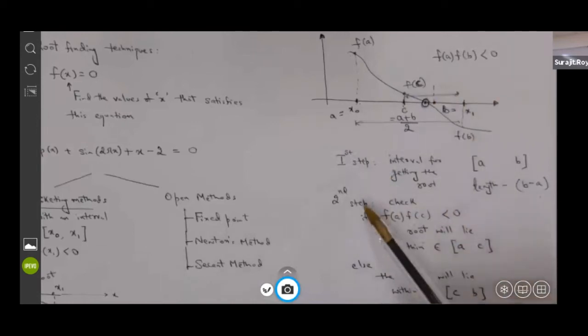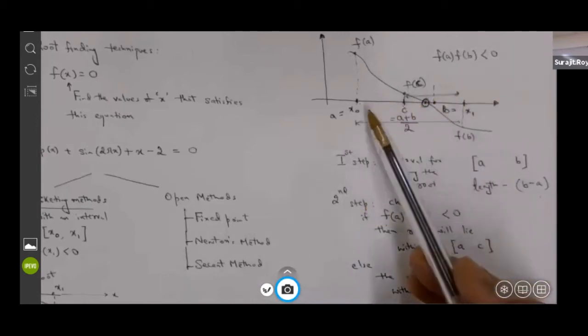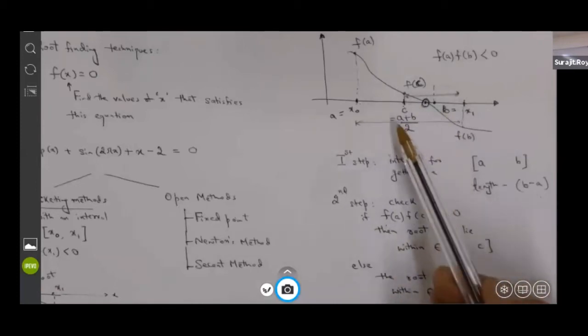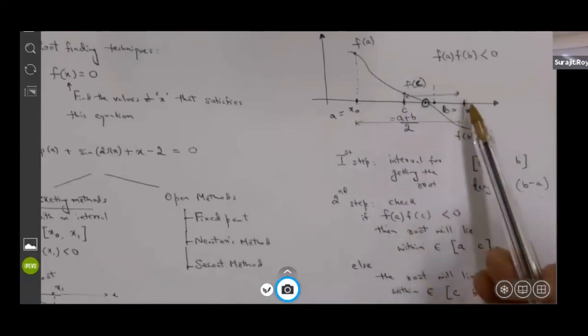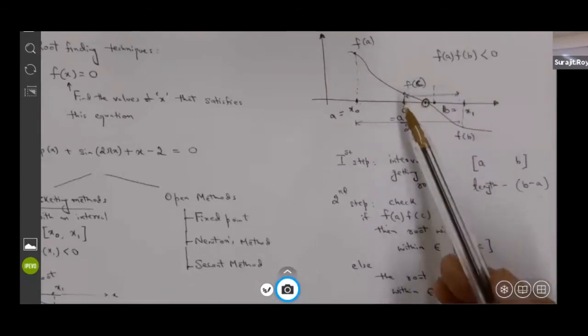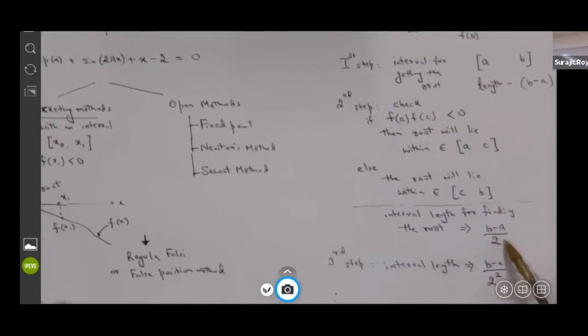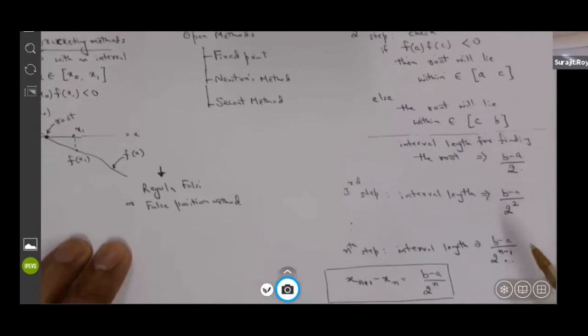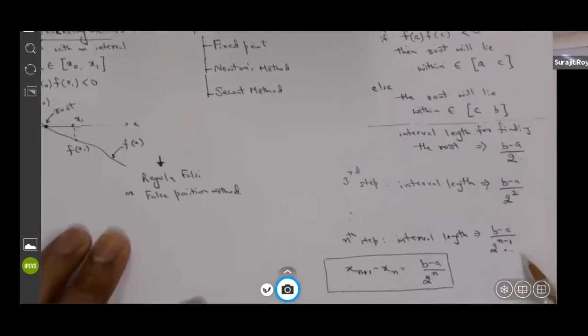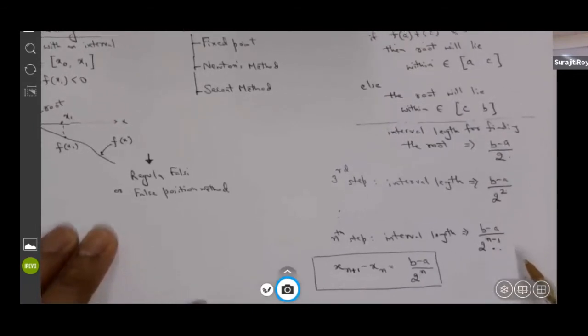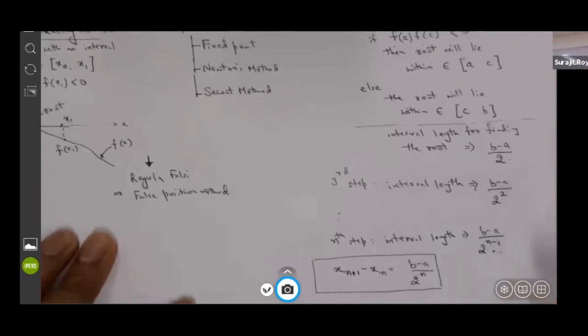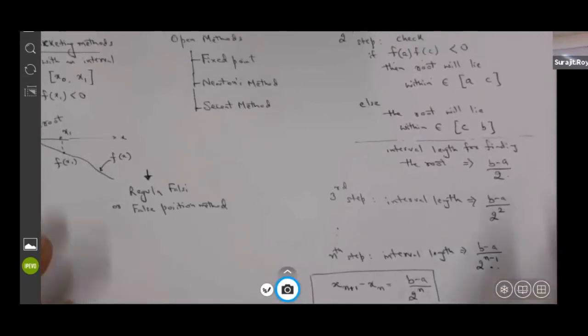And for every step, we are reducing the interval length by half, then again by half, and we keep on doing so. While we keep on reducing the interval length by half, how will we know that we have to stop now? How long should we keep on doing this? Is my question clear now, guys?